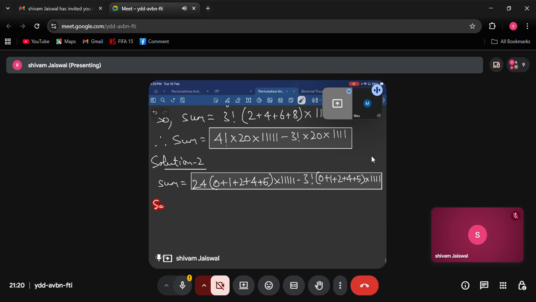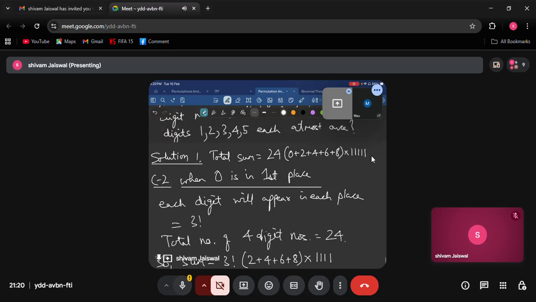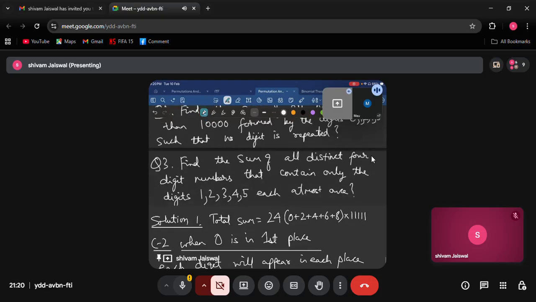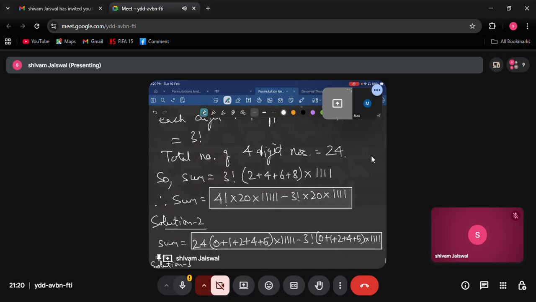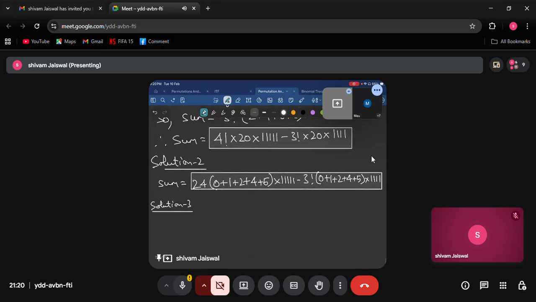So pay attention. Okay. Using the digits each at most once, you have to find out the sum of all the distinct four-digit numbers. So the required sum of all the distinct 4-digit numbers will be equal to.